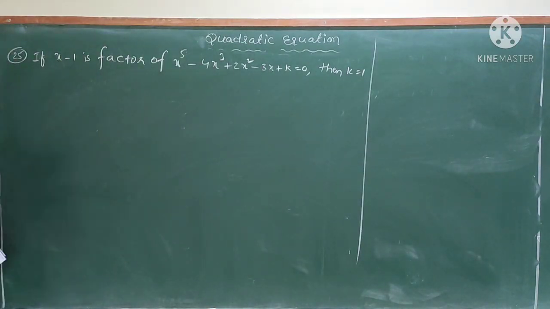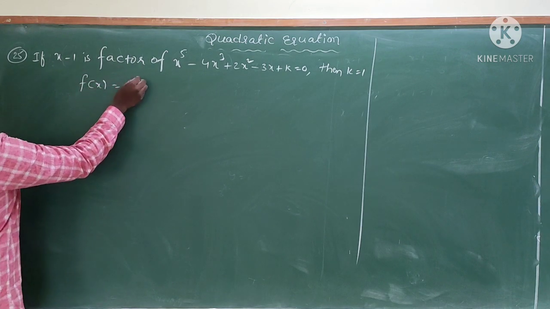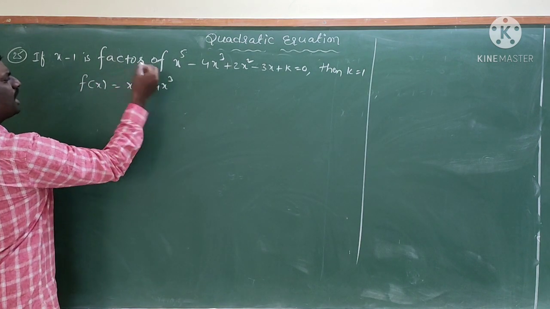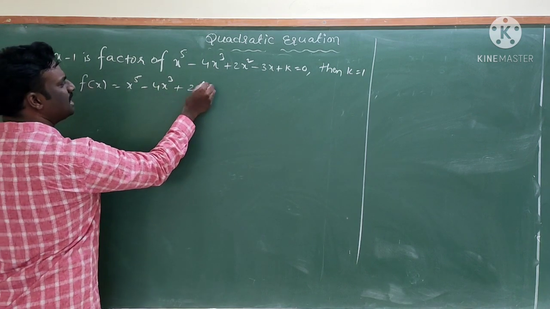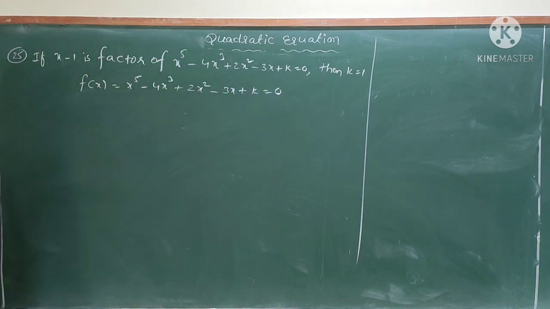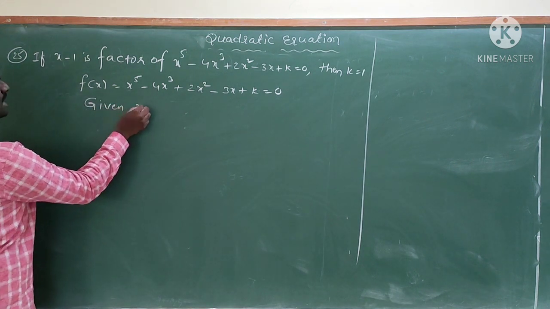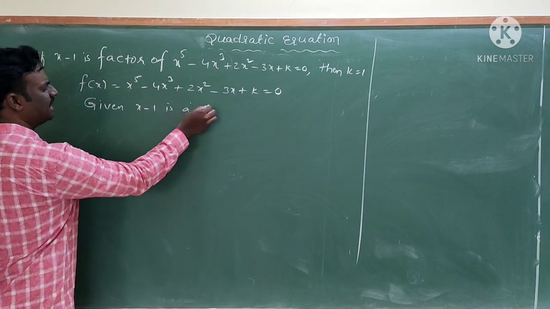Okay. So here f of x equals x power 5 minus 4x cube plus 2x square minus 3x plus k equals 0. Given x minus 1 is a factor.